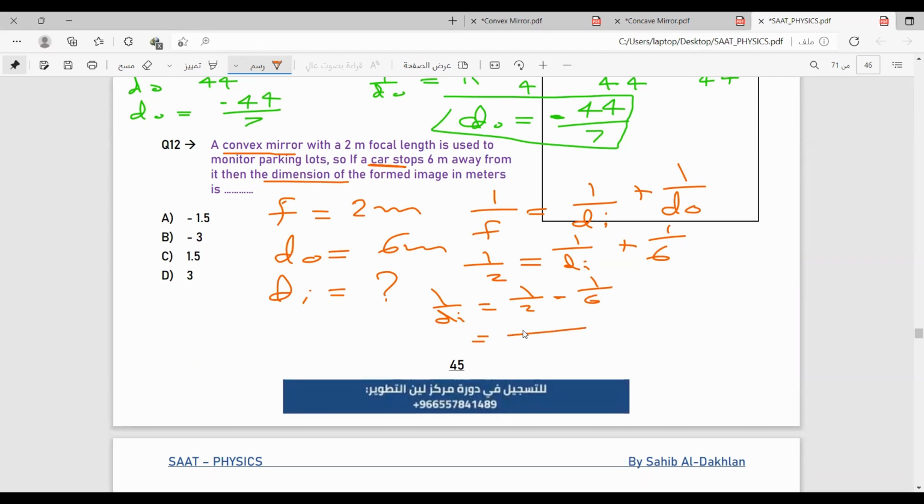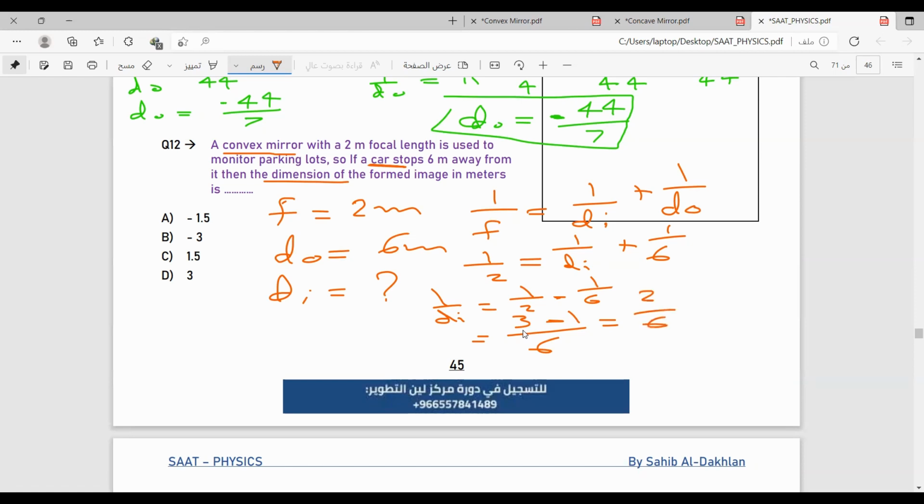Yes, you're right. Good job. So it will be 3 minus 1, which is 2 over 6. Then you just switch it, it will be 6 over 2, which is 3.